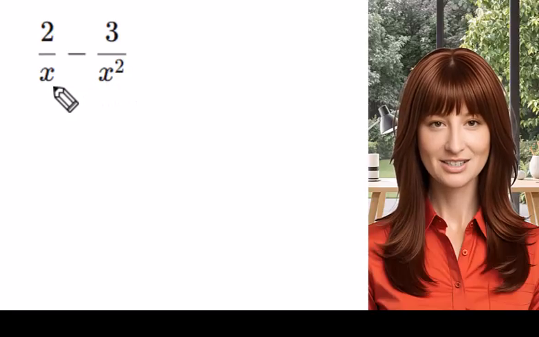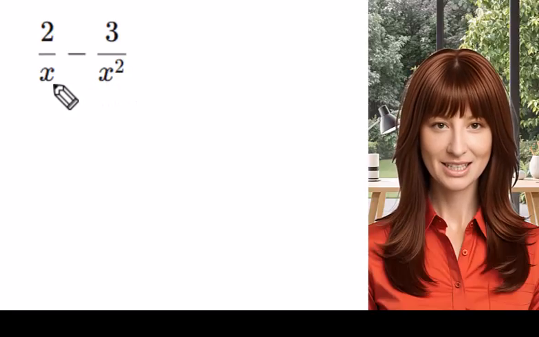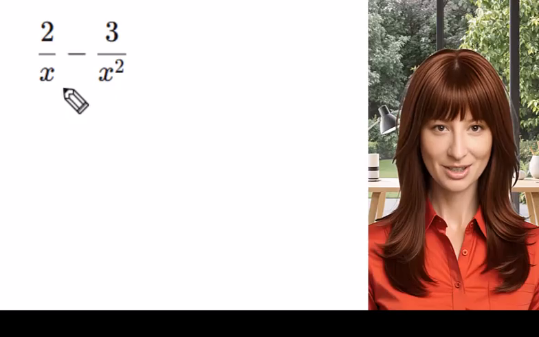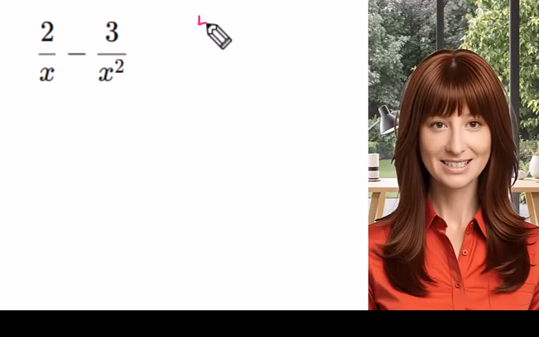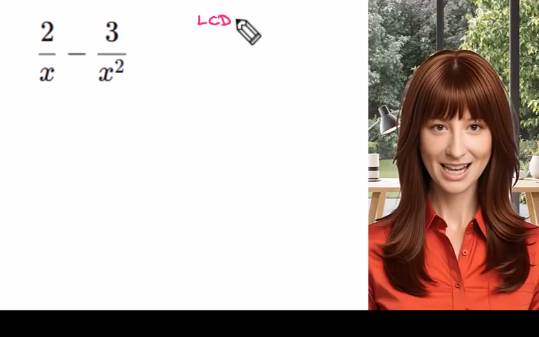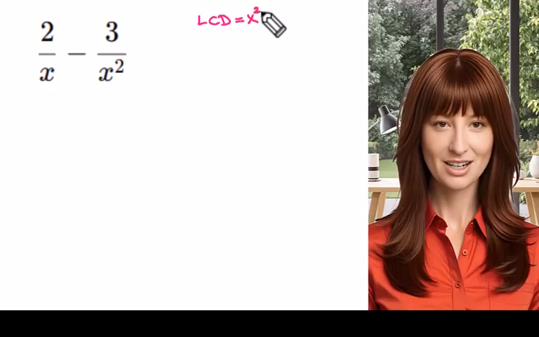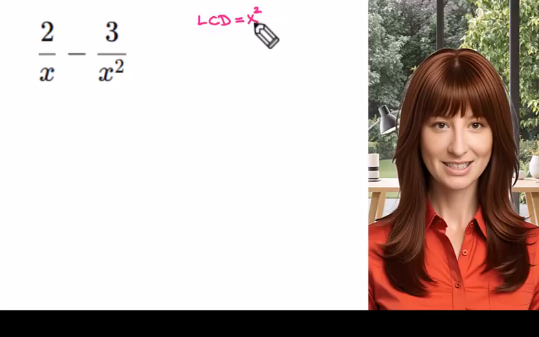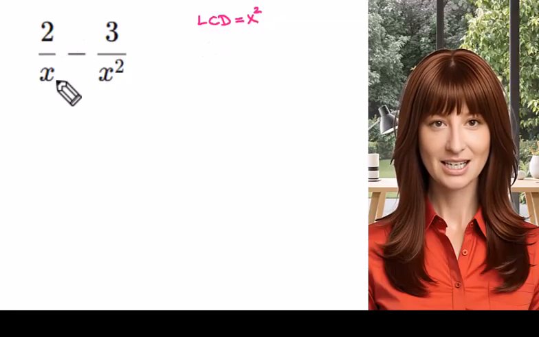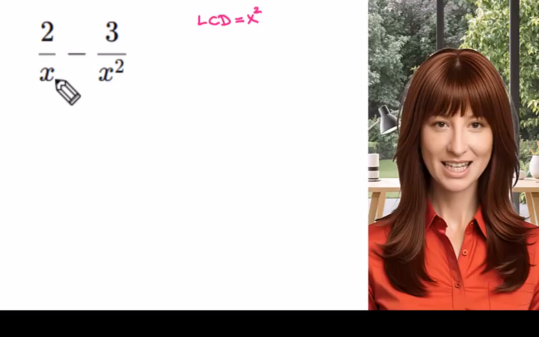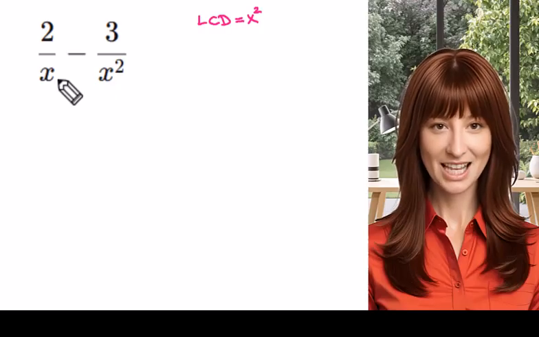So let's go ahead and try to find the LCD between these two polynomials. The least common denominator between x and x squared is x to the second power. So we are going to rewrite the first fraction in a way that the common denominator, the LCD, is emphasized.